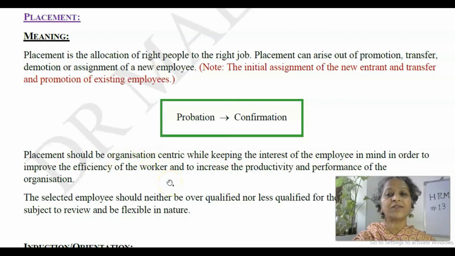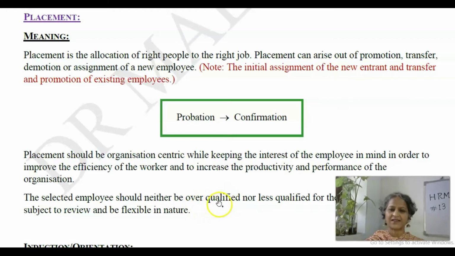Okay. Now this selected employee should neither be overqualified nor less qualified for the job for which he or she is being placed. Now why are we saying that the employee must not be overqualified for the job? If the person is overqualified for the job for which he or she is supposed to work, then definitely there will be some sort of dissatisfaction. This worker will not be happy to work at the position for which he or she is overqualified.